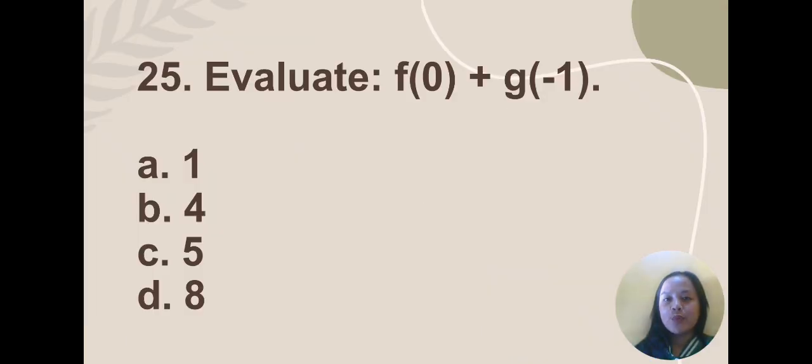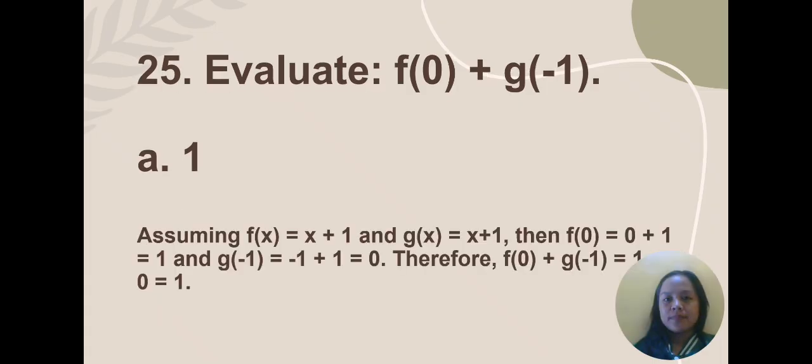For item number 25, evaluate f of 0 plus g of -1. A 1, B 4, C 5, D 8. The answer is letter A, 1. Why?